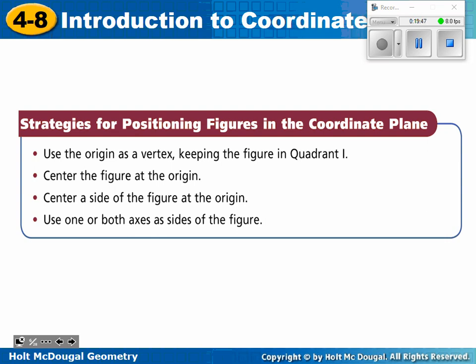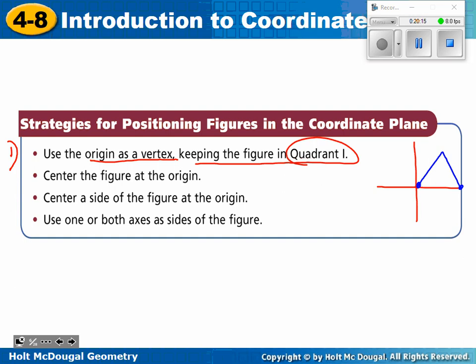You're going to use at least one of these strategies when you decide where do I want to place my shape. So the first option would be use the origin as a vertex, keeping the figure in quadrant 1. So if we want to put a triangle in the coordinate plane, we may want to make sure that one of our vertices is at the origin and that we draw our triangle all in quadrant 1. What would be the benefit of putting it all in quadrant 1?